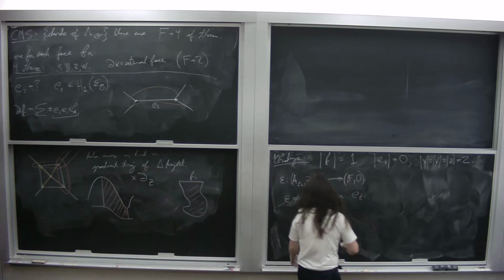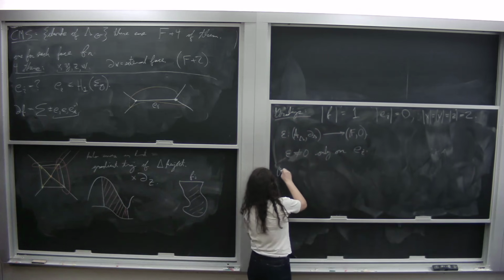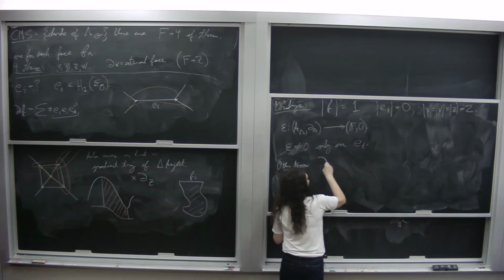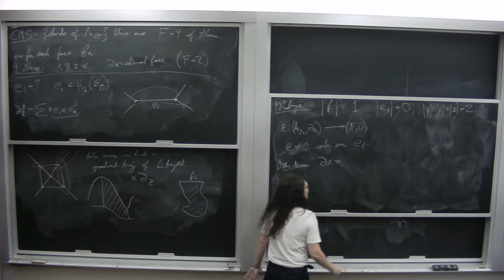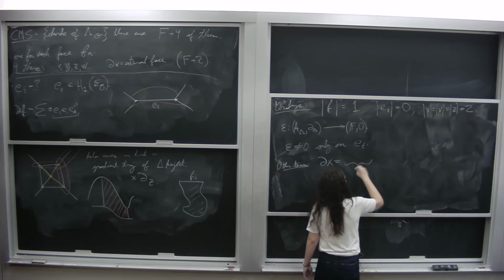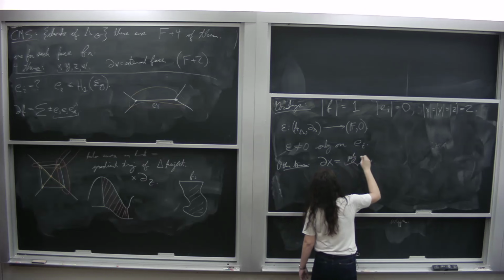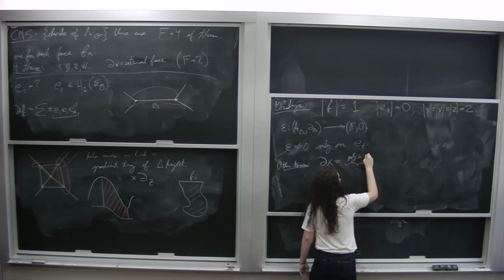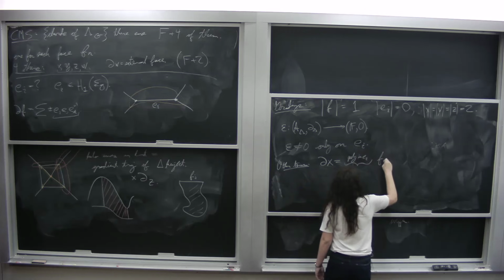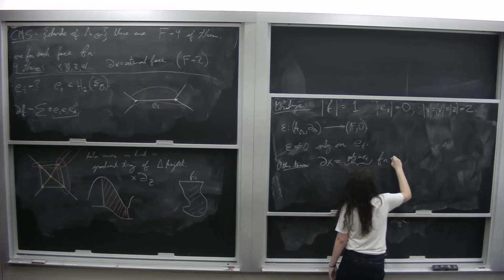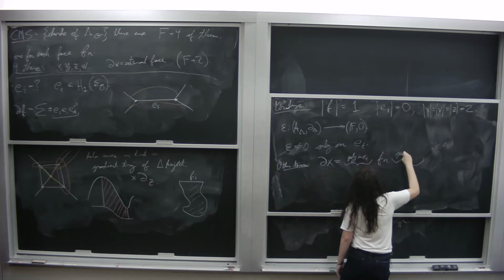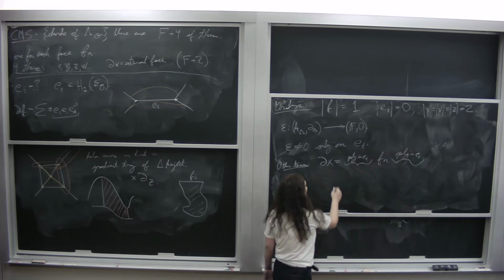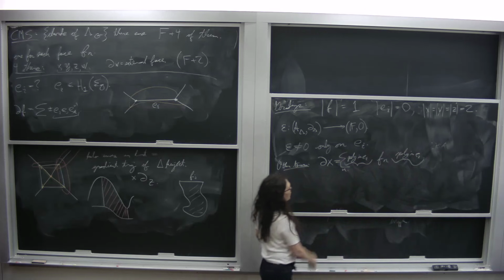We're going to have some other terms which are going to be of the form del x is equal to a polynomial in the EI times Fn times another polynomial in the EI, and this will be the sum over n.